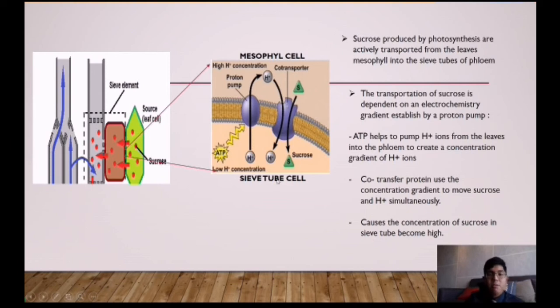ATP from the sieve tube cells will cause the proton pump to pump hydrogen ions from the sieve tube into the mesophyll cells and creates a concentration gradient between both of them. Thus, hydrogen ions and sucrose will move into the sieve tube simultaneously through the co-transporter because of the low concentration.